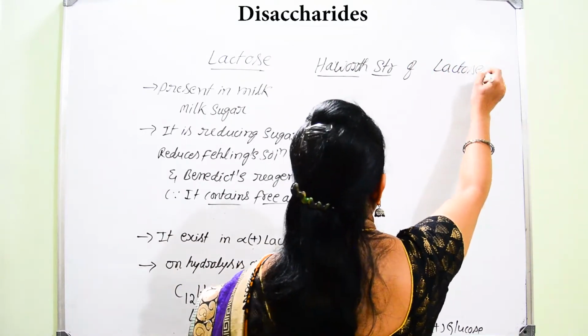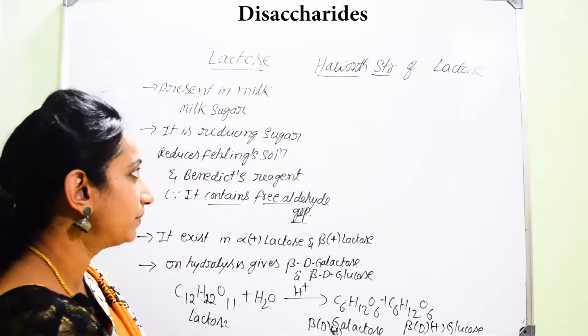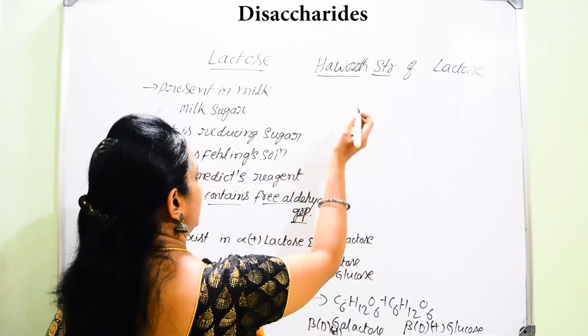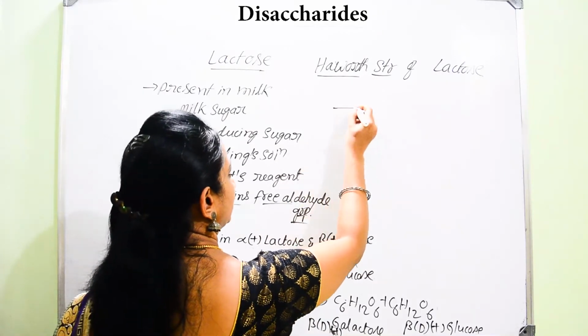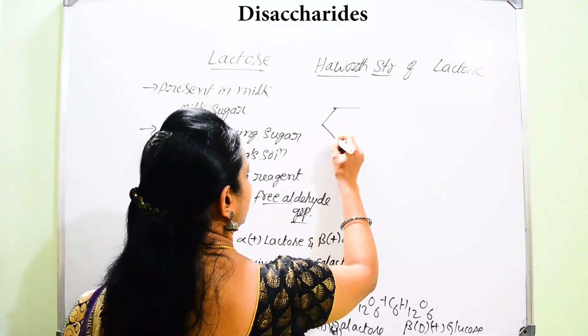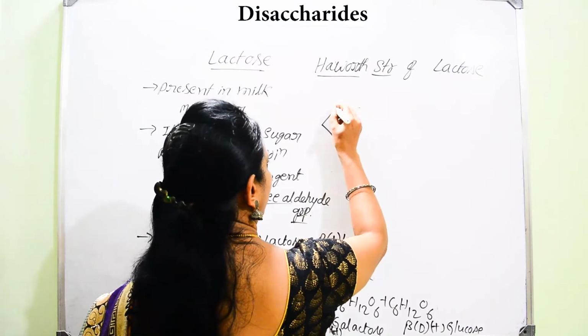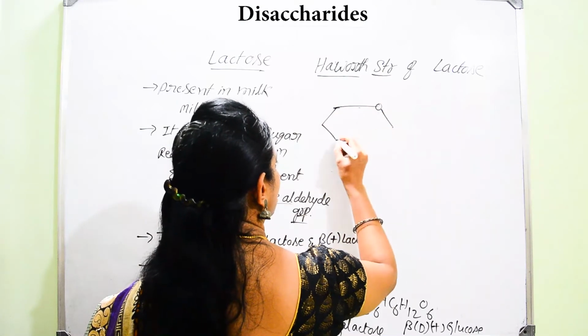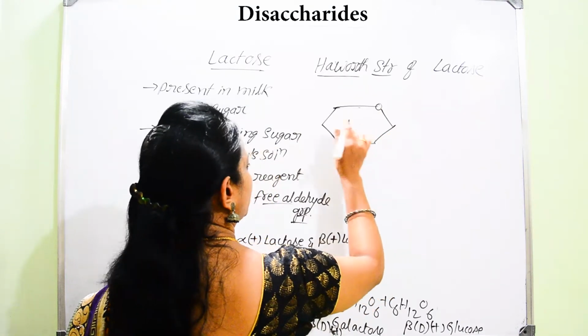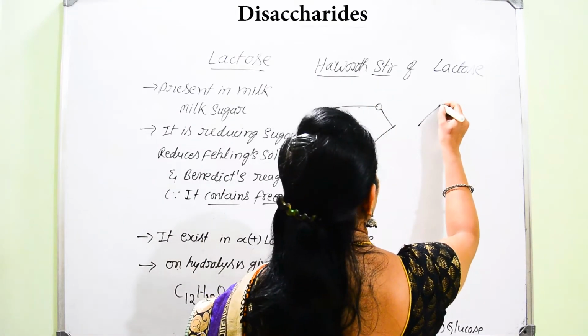It's very easy to write, but very important. You start by writing two adjacent hexagonal rings.